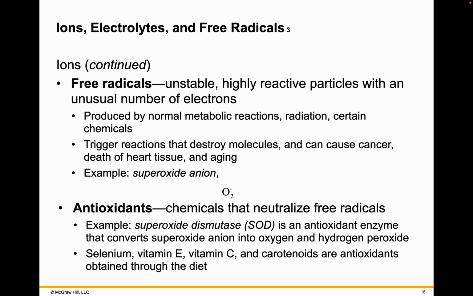Superoxide is a very common example of a free radical. We also have antioxidants, which are chemicals that neutralize free radicals. There's an enzyme called superoxide dismutase, or SOD, that converts superoxide into oxygen and hydrogen peroxide. Selenium, vitamin E, vitamin C, and carotenoids are antioxidants that can be obtained through the diet.